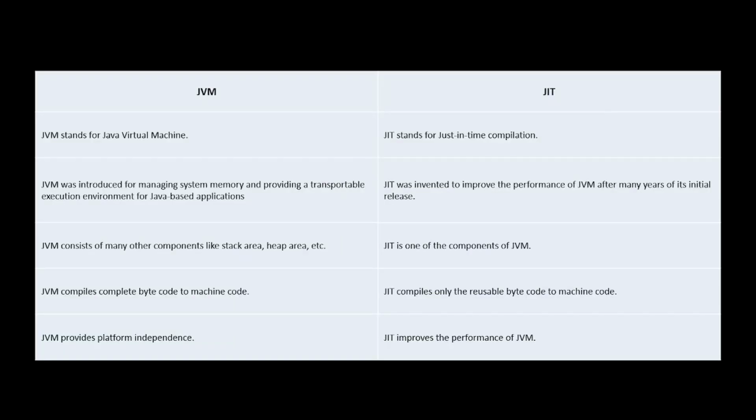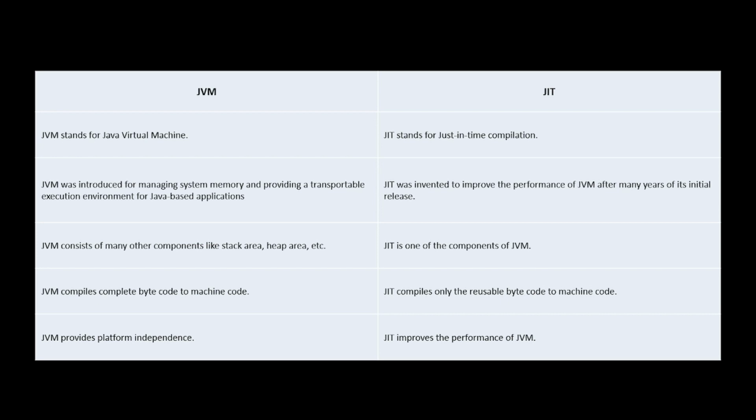The second thing we need is to differentiate between the JVM and the JIT. The JVM stands for Java Virtual Machine, while the JIT stands for Just-in-Time Compiler. The JVM was introduced for managing system memory and providing a transportable execution environment for Java-based applications, while the JIT was invented to improve the performance of the JVM.